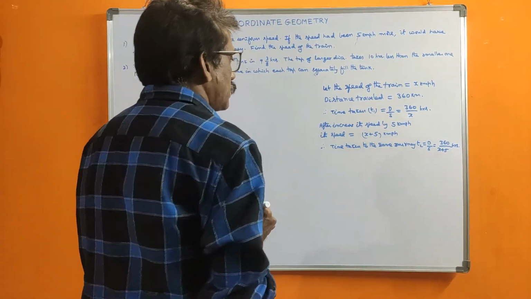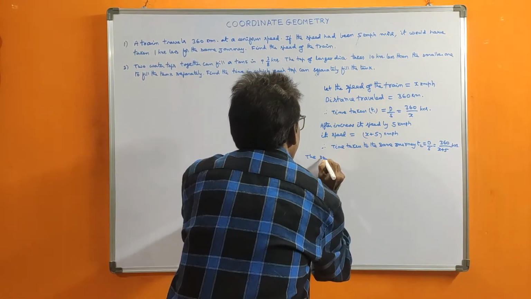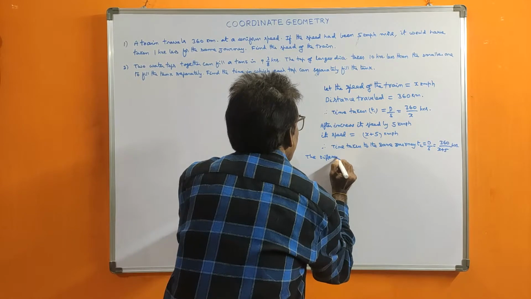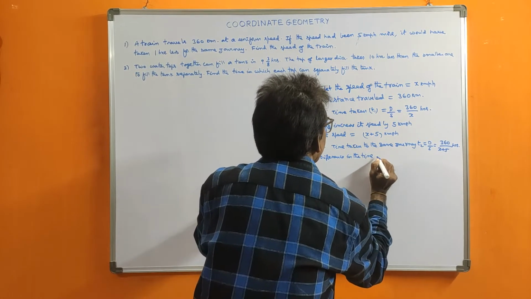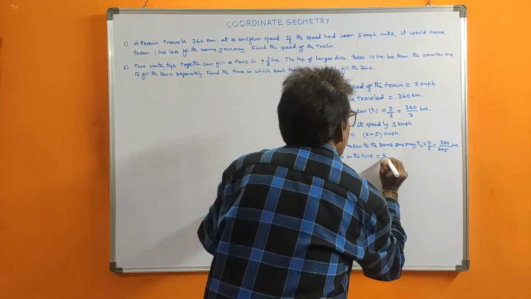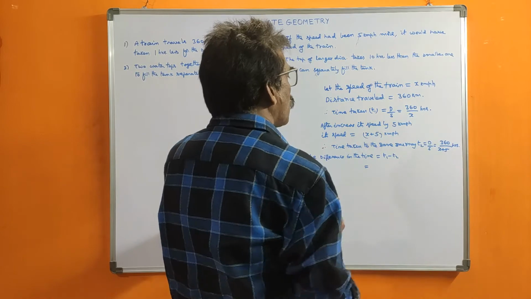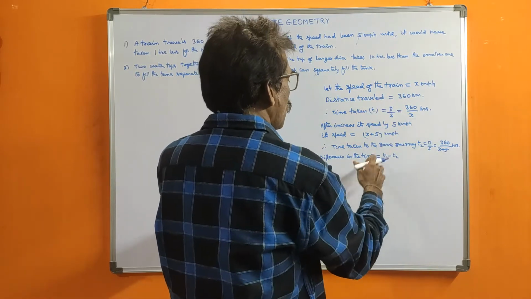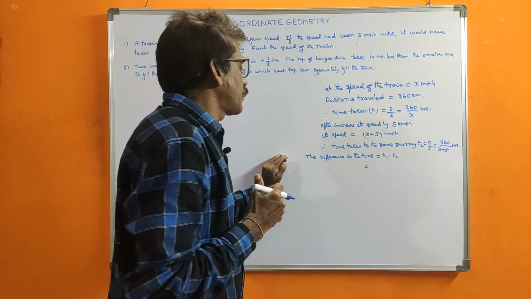Now the difference in the time is equal to t1 minus t2, because the first time is more due to less speed. So for a difference we always take the larger minus the smaller.